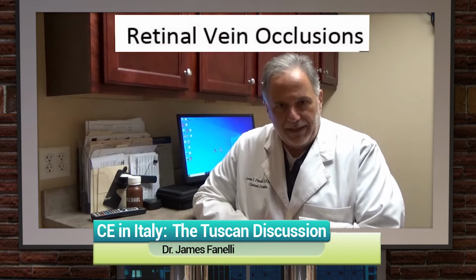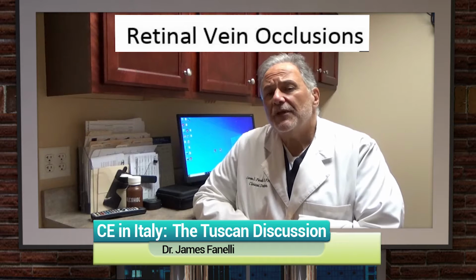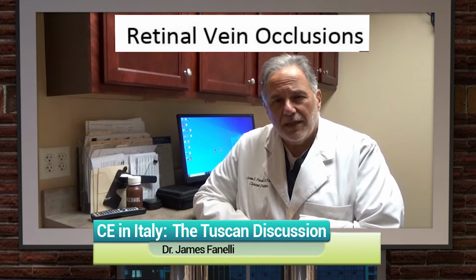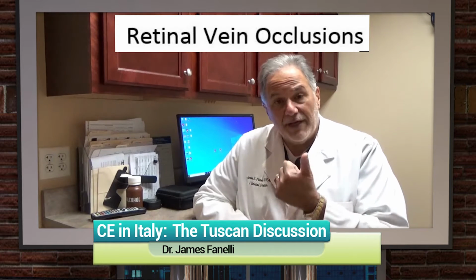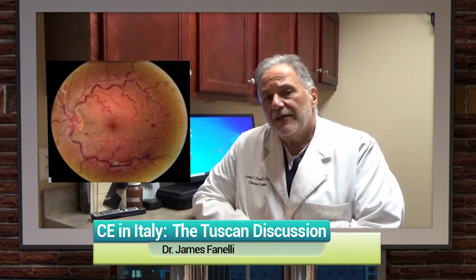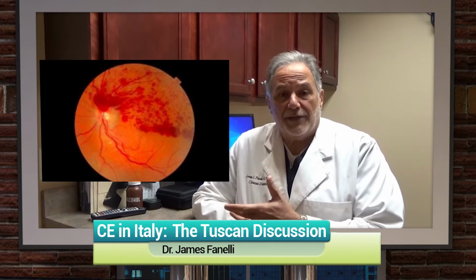Today's Tuscan Discussion, we're going to have a topic of retinal vein occlusions. Now, as you know, retinal vein occlusions come in a variety of different formats. We can have a central retinal vein occlusion. We can have a hemispheric retinal vein occlusion. We can have a branch retinal vein occlusion.